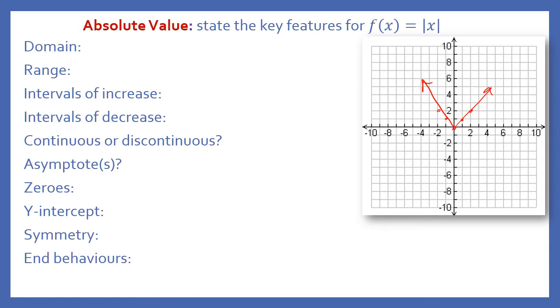So as I go left to right, heading this way, that's an interval of decrease, negative infinity to 0. And then keep going, heading this way, I'm increasing, my graph is getting higher, 0 to infinity. So just notation on the brackets, that's all.